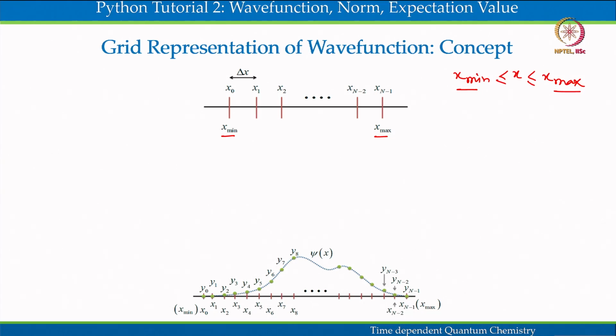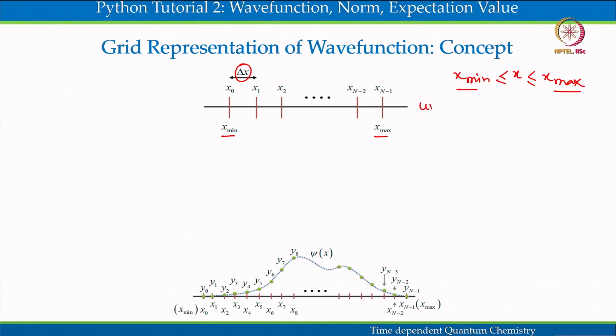Every wave function has to be square integrable so that we can normalize it. So the entire x axis will be divided by a suitable small step size delta x to produce the uniform discrete grid.